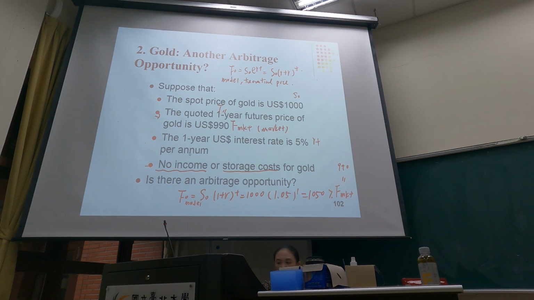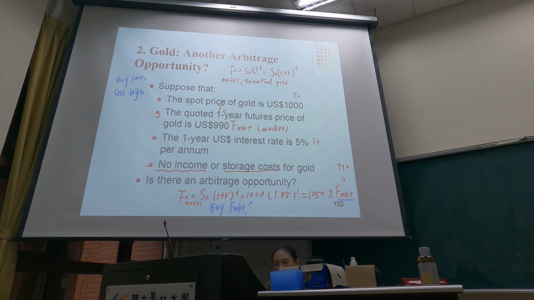So what's your arbitrage strategy? Buy low, sell high, right? So the low one is this one. Buy F market. Remember, the futures market price, you can buy that because it is available in the market, okay?